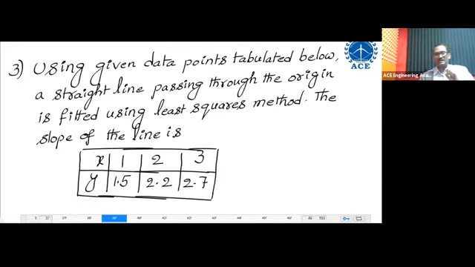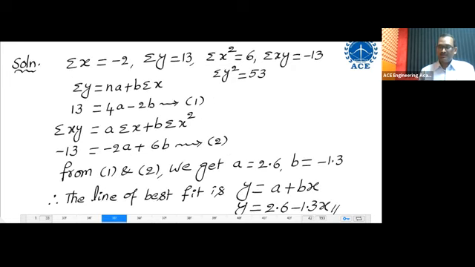One minute, everyone has to listen. Using the given data points tabulated below, a straight line passing through the origin. The regression line is y equals a plus bx. This is in the form of y equals mx plus c.